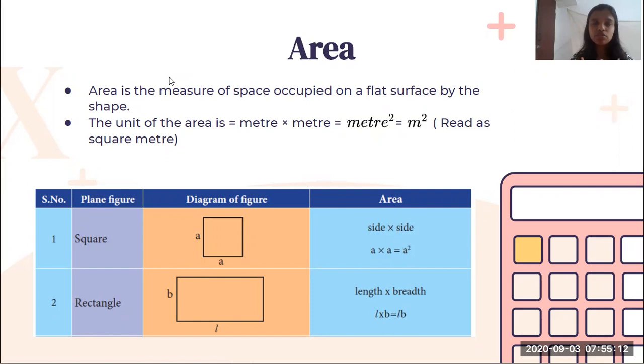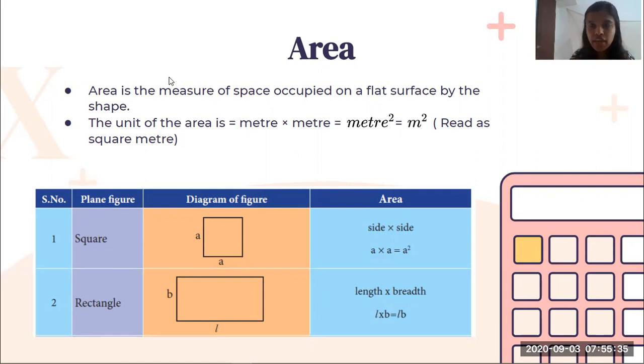Students, I hope you understood what physical quantities are. We started with physical quantities. Physical quantities are the quantities that can be measured. They have a numerical value and a unit. Then we moved on to fundamental quantities, the quantities you can't divide into smaller units.